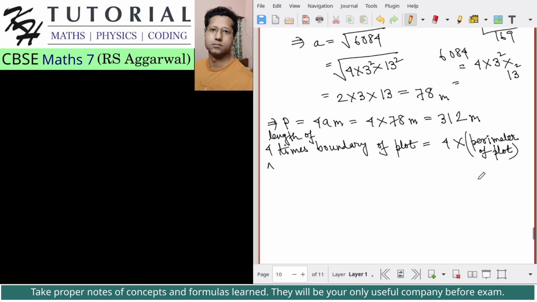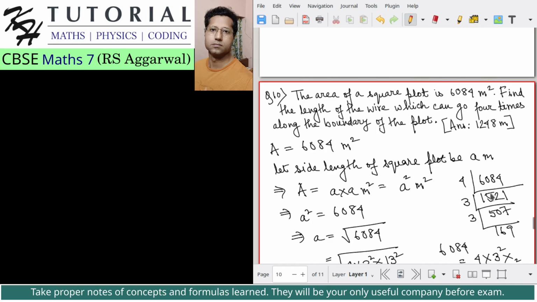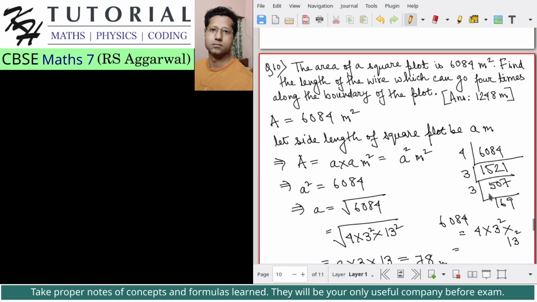So 4 times the boundary of the plot means 4 times the perimeter. So this is equal to 4 multiplied by 312 meter, which is equal to 1248 meter. So 1248 meter is the length of the wire.